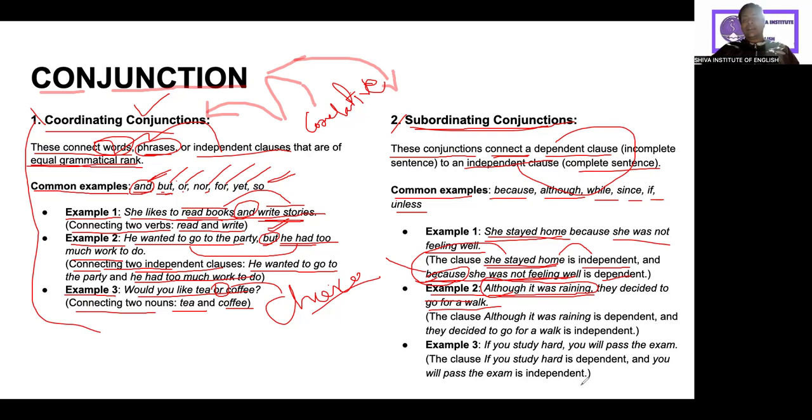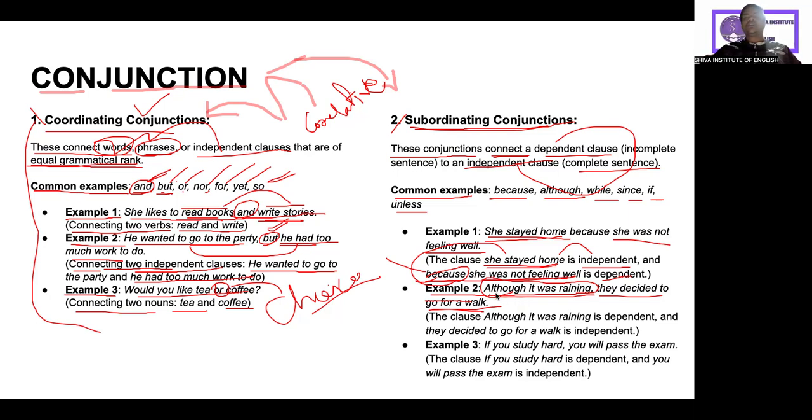So it requires the help of what? An independent clause. And the independent clause will be what? "They decided to go for a walk." It will be complete if I say "they decided to go for a walk, although it was raining", or "though it was raining", or I can say "although it was raining, they decided to go for a walk."